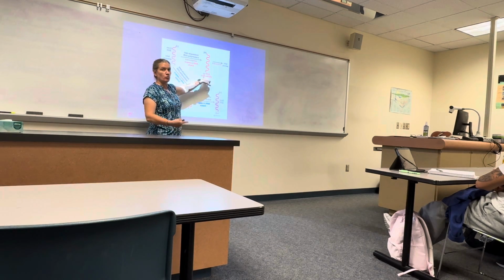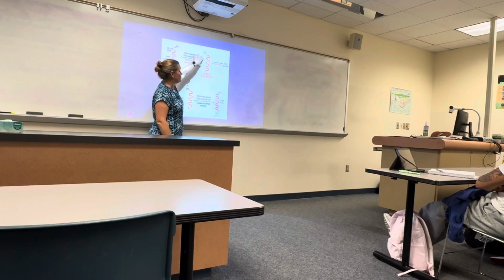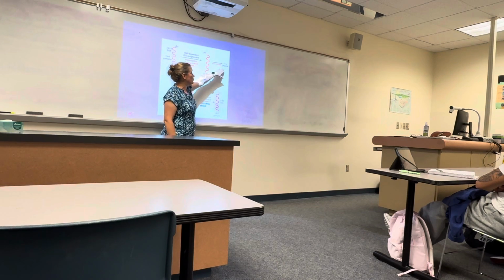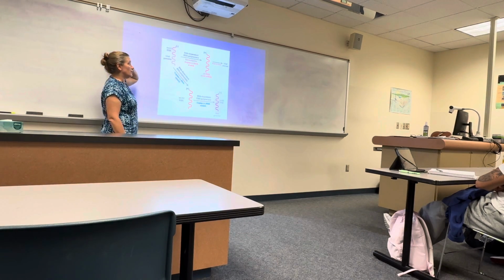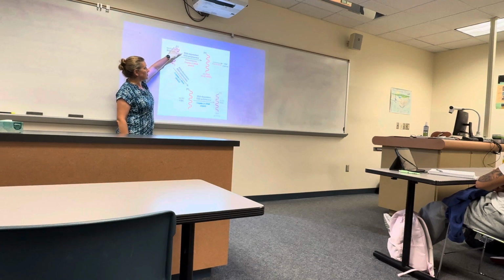That's the one that can be translated and provide protein. Okay, so it has to do this first so that it can produce viral proteins, right? And to do this, it needs an RNA-dependent RNA polymerase that is provided by the virus.